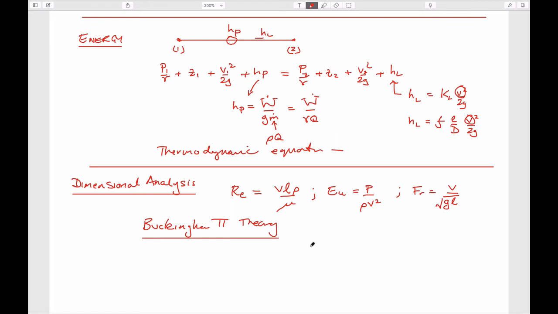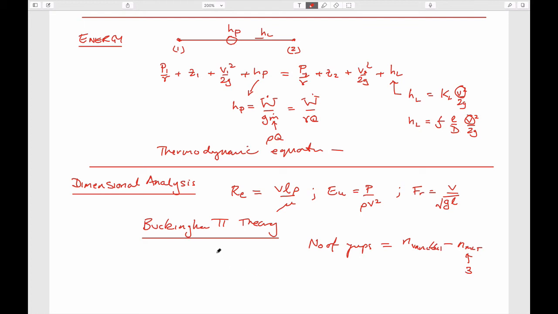We know that the number of groups is equal to the number of variables defining our system minus the number of MLT, mass, length, and time components. So if mass, length, and time are all present, then this would be 3, and that would be the number that we subtract from the total number of variables, and that would give us the behavior of our system.